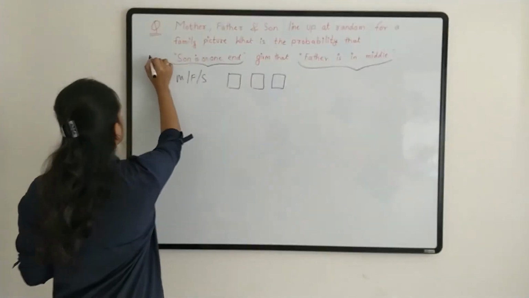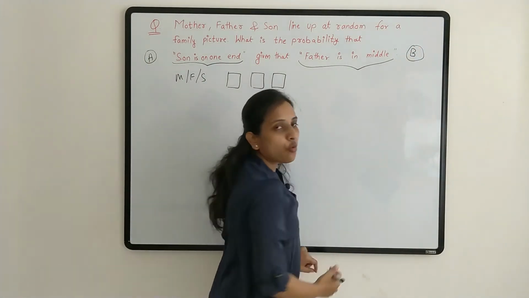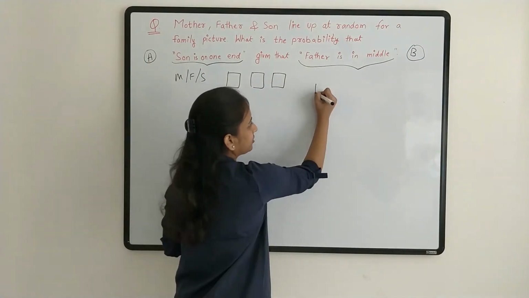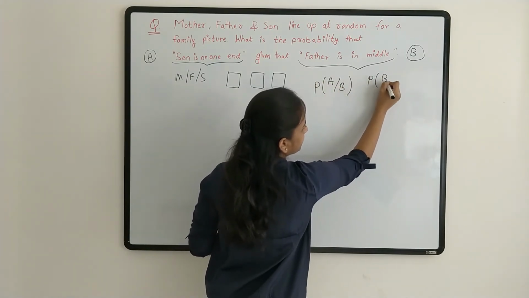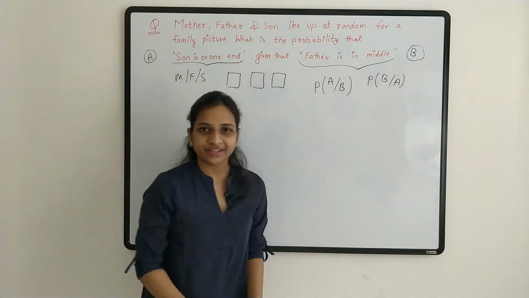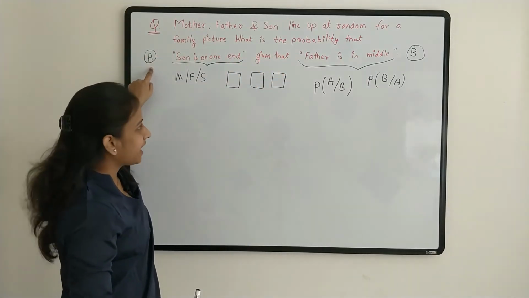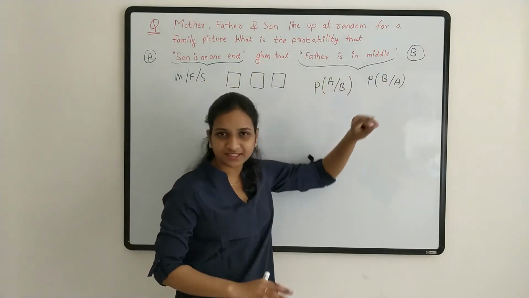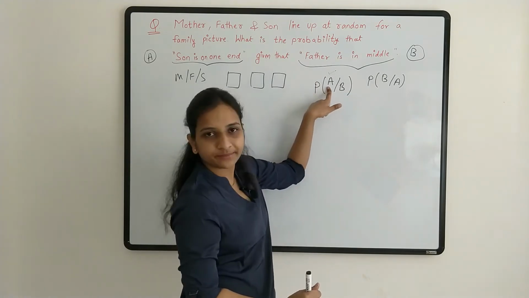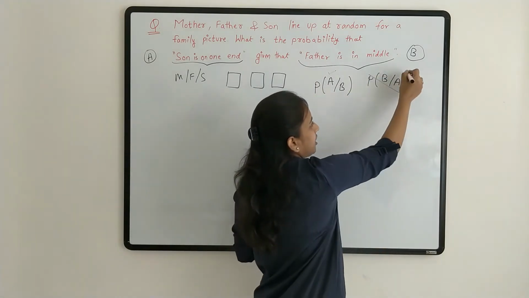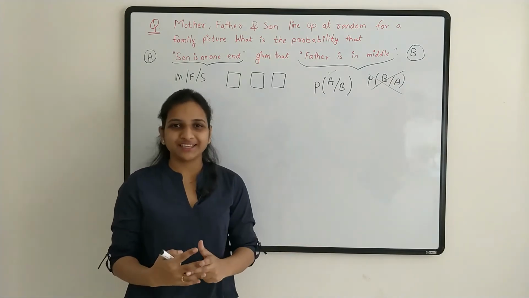So this is event A and this is event B. What is asked? Probability of A given B or probability of B given A? Let's see. Probability that this event happens given that B has happened means we need to find the probability of A, not this.